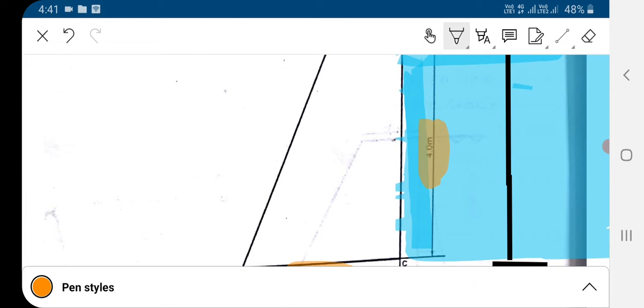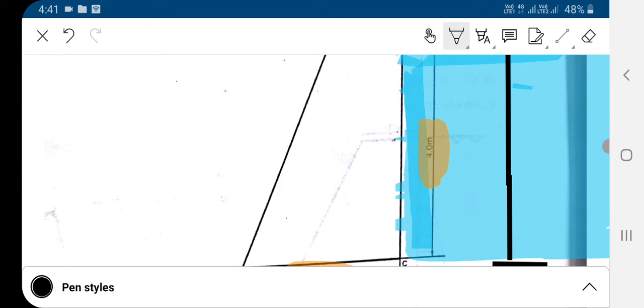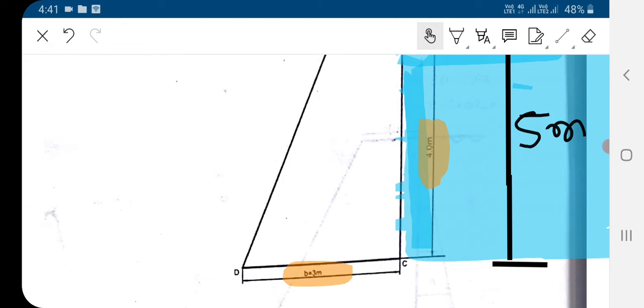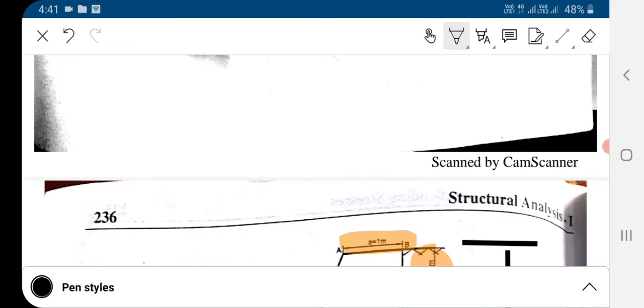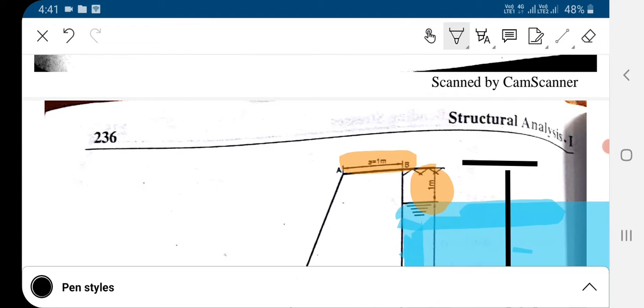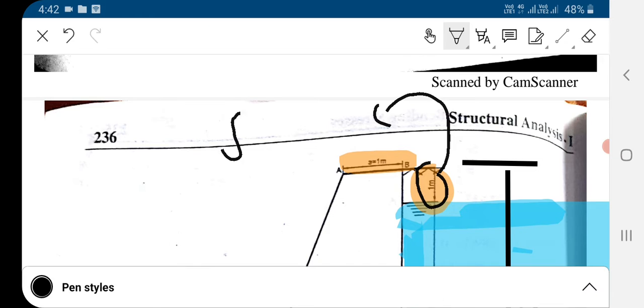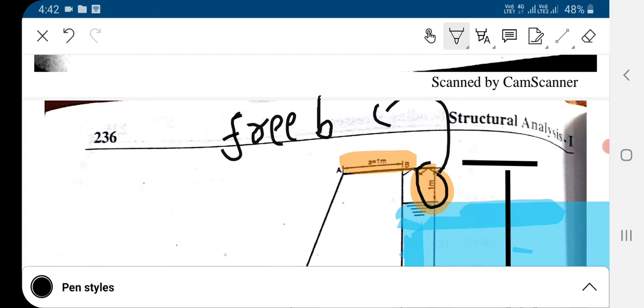The total height is 5 meter. And this 1 meter portion is known as the free board.